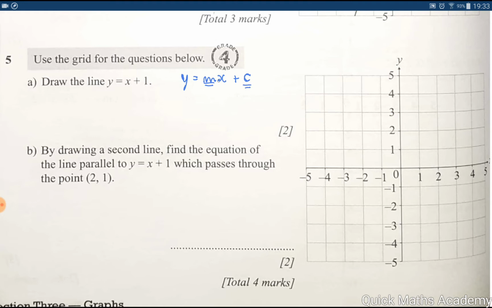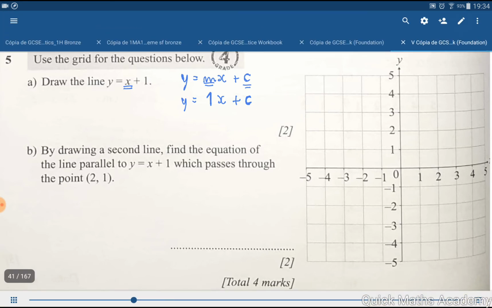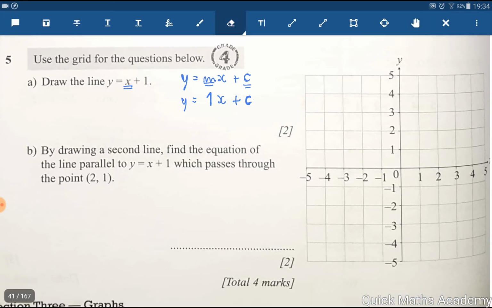So my gradient in this line is 1, because I have y equals 1x. x or 1x is the same, and my c is 1. Let me just rub it out. My c is 1. So that means that I cross my y-axis at point 1 with a steepness of 1.